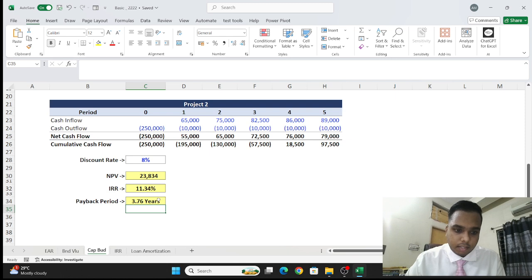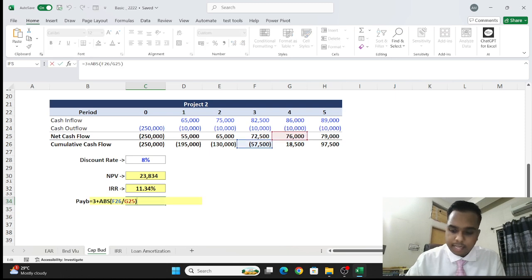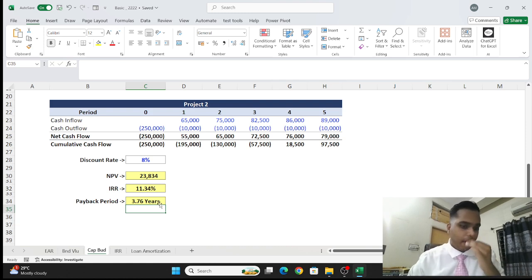So we click on enter. After clicking enter, we can get 3.76 years. That means the payback period for this project is 3.76 years. After 3.76 years, we will pay back our initial investment. So this is all for capital budgeting.